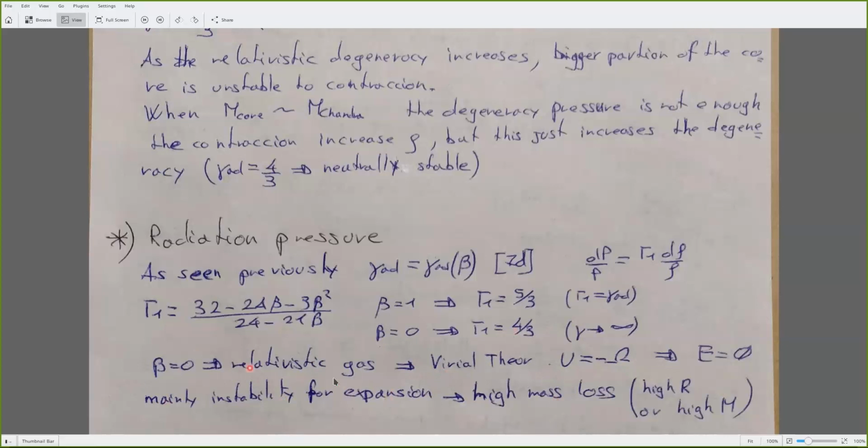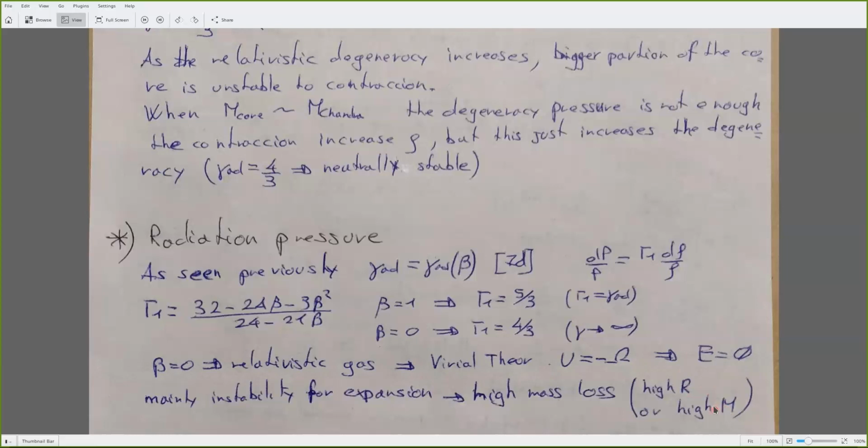This is a typical situation when radiation is dominant, present in high mass stars or stars with a really big radius, like the red giant, red supergiant, and so on.